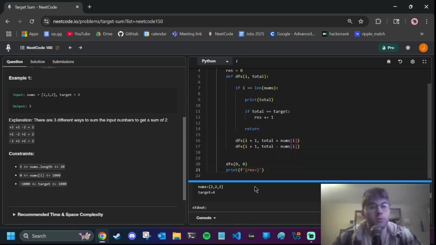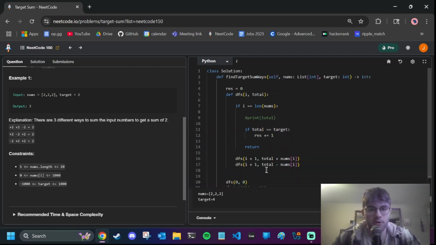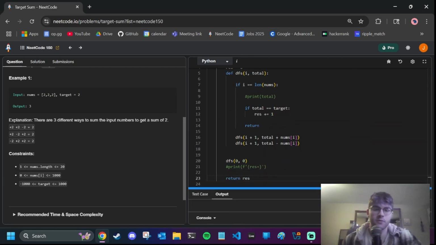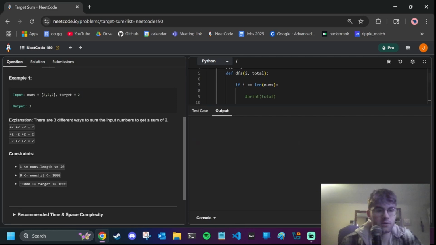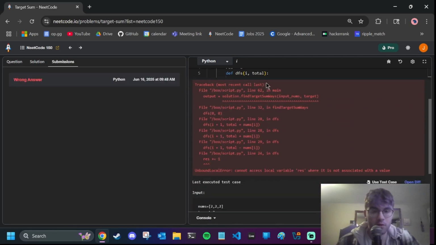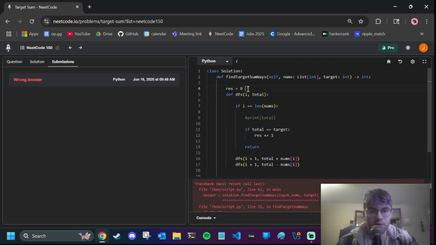It should be impossible to have 4. Okay, so let me try this. Am I printing anything else? I don't think so. Alright, so let's see what happens when I do this. Okay, res is right.